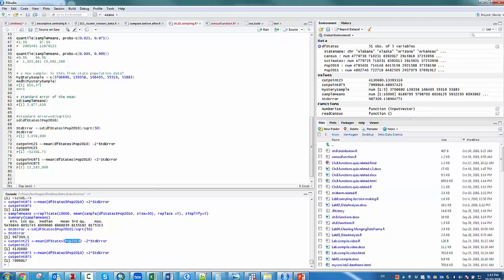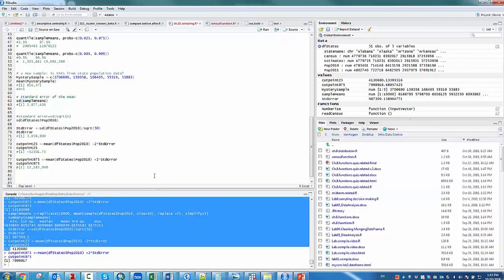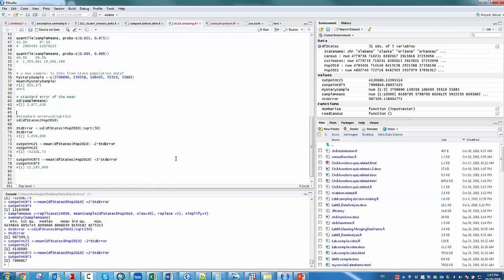And the mysterious sample mean was 800,000, which is smaller than the lower bound. And as I said before, the boundary is like this normal distribution, and this 800,000 mean is out of this area, out of this lower range. So you can say that it's likely that this mysterious sample is not from the US state population data. That's what you can say.